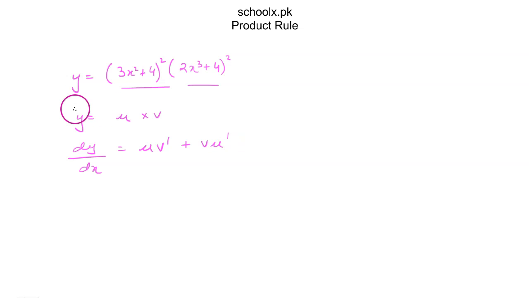Alright, so now u is 3x squared plus 4 squared and v, let's use red for v, v is 2x cubed plus 4 power 2.